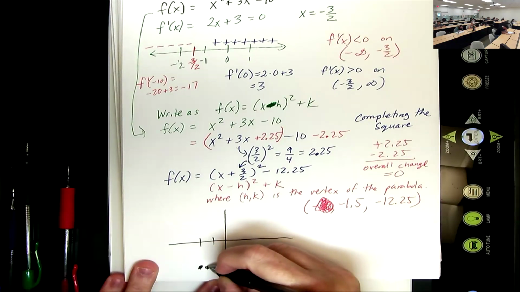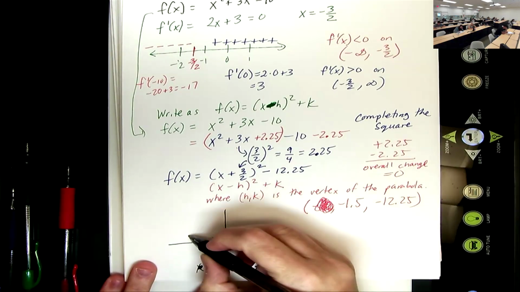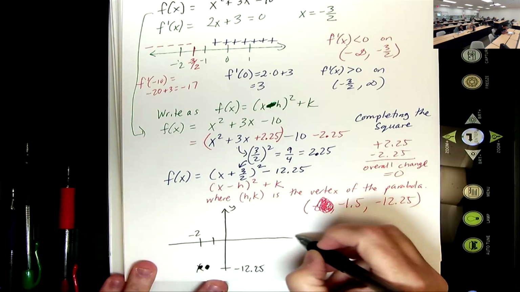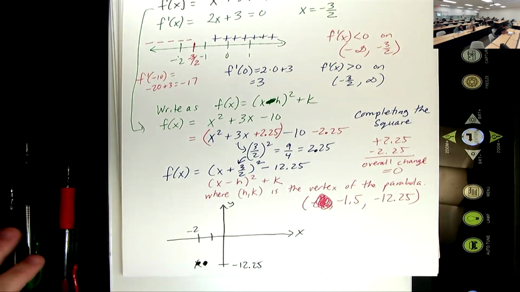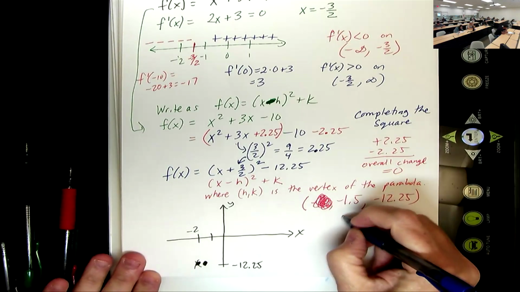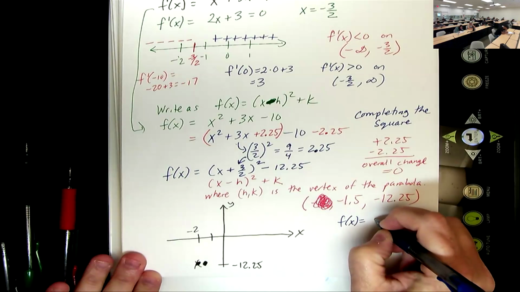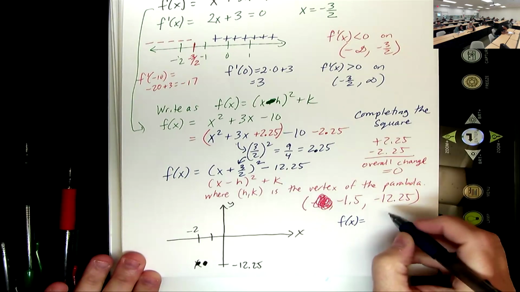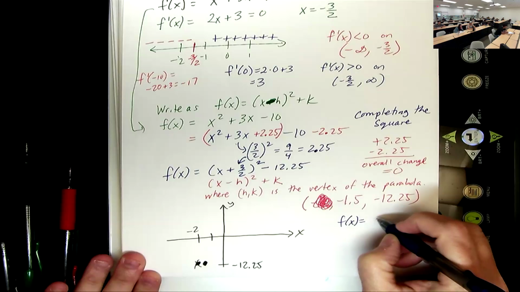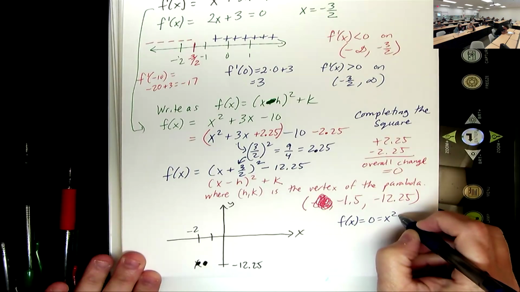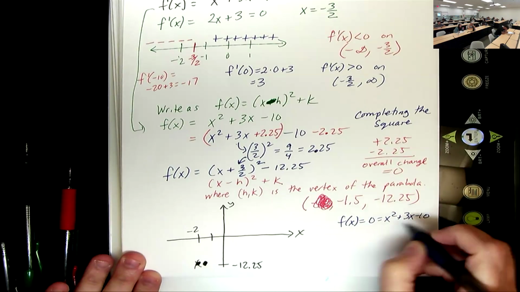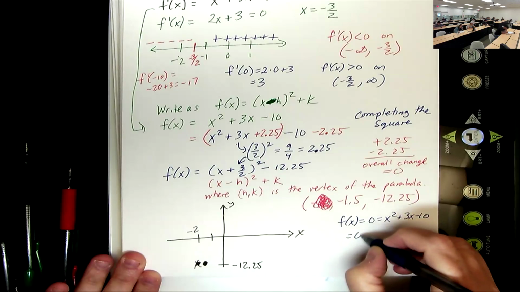Right there. It's -2, this is y, x. And if I wanted to find where it crosses the x axis, I could set f of x equal to 0 to find the x intercepts. And I'm gonna factor that.